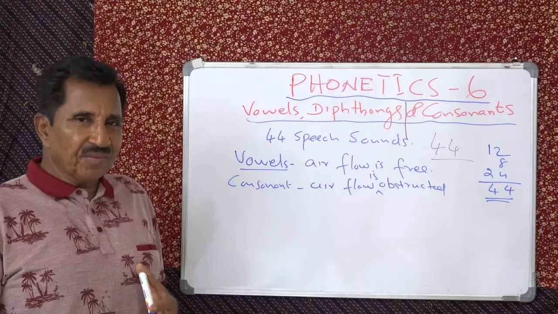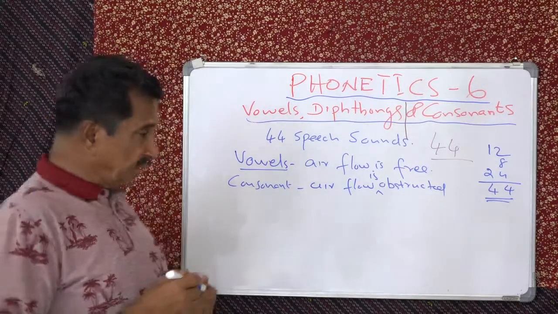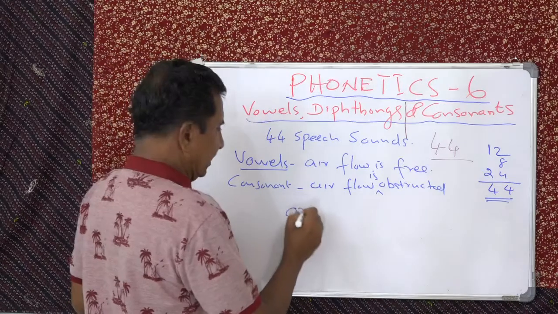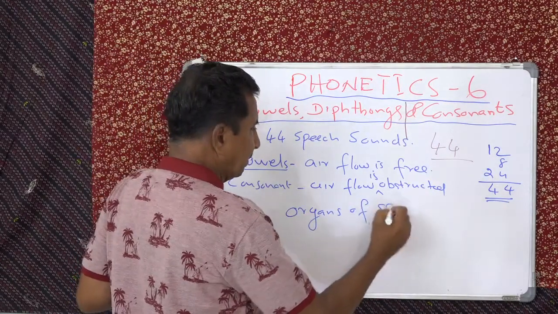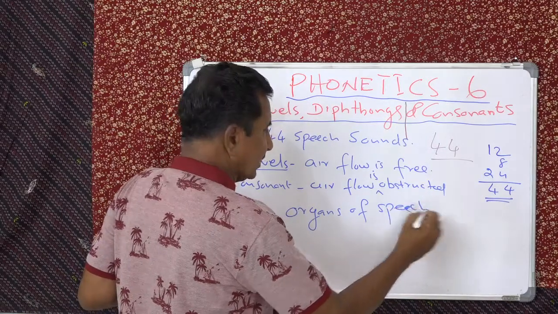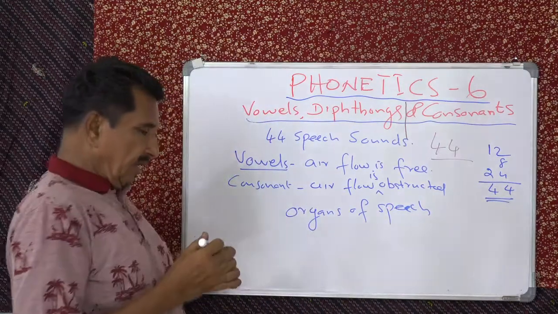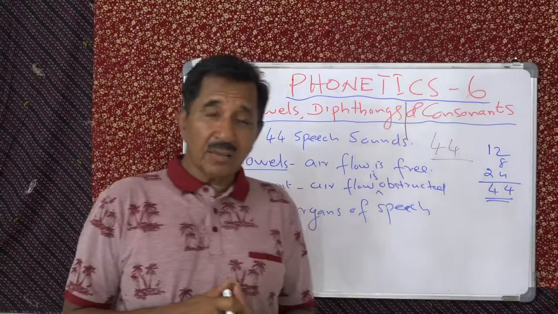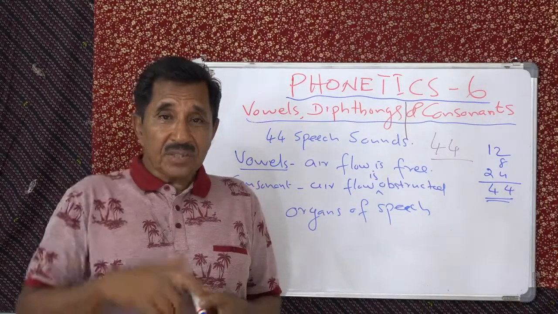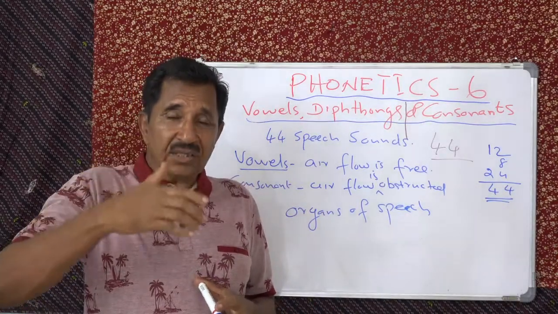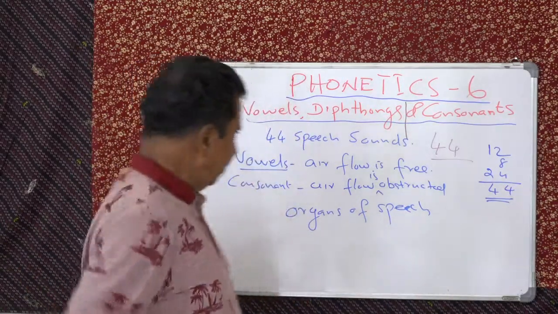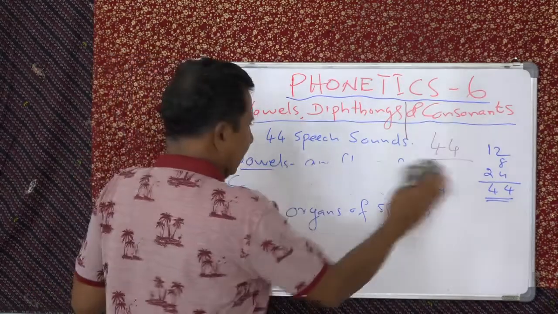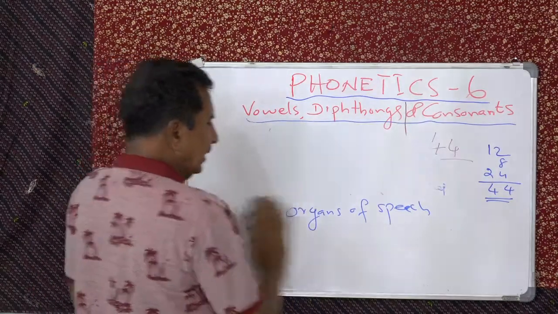That means the working of the organs of speech. So when we study the organs of speech, you will see how the consonants are produced by creating obstructions in the mouth. That we will see tomorrow. Understand? That is clear.